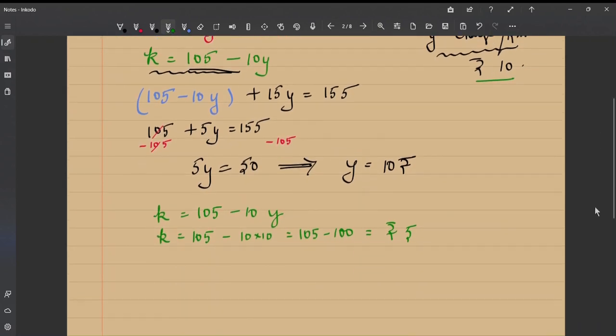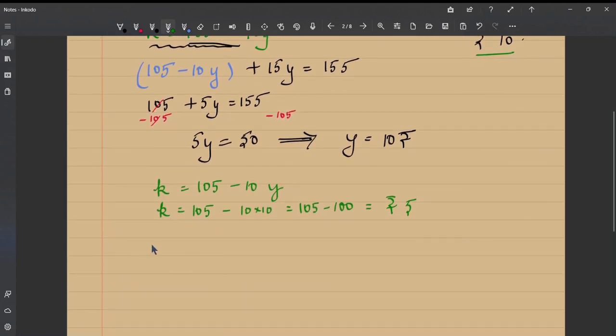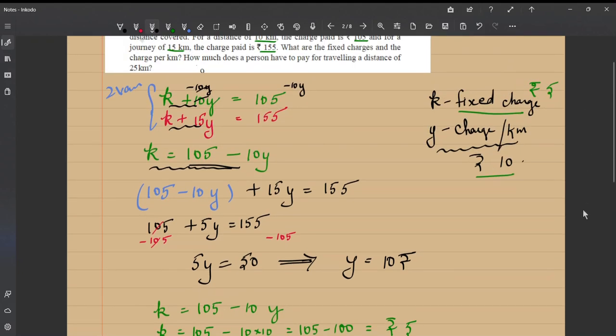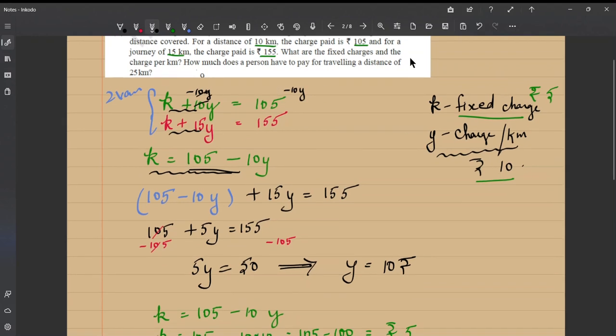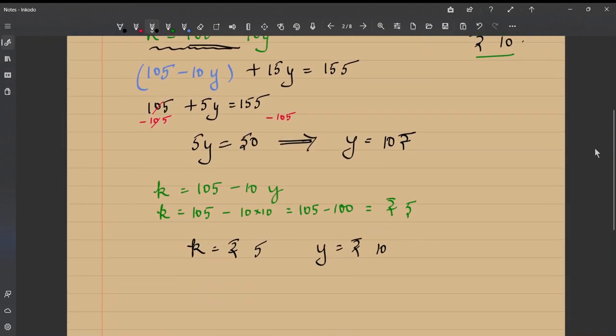So he wants to travel a distance of 25 kilometers. y is the charge, y is always 10. I'll rewrite this. We know that K is rupee 5. y is rupee 10. Using this, find out how much does the person have to pay for traveling 25 kilometers.